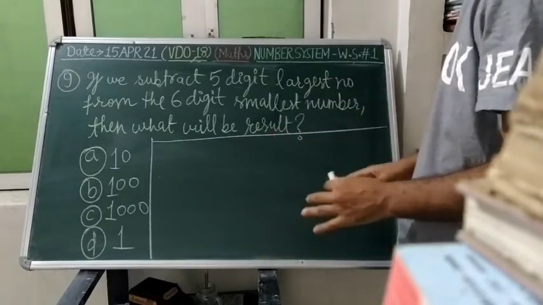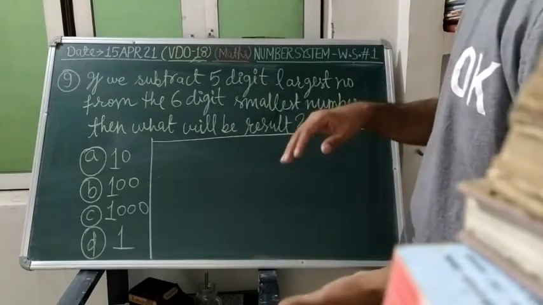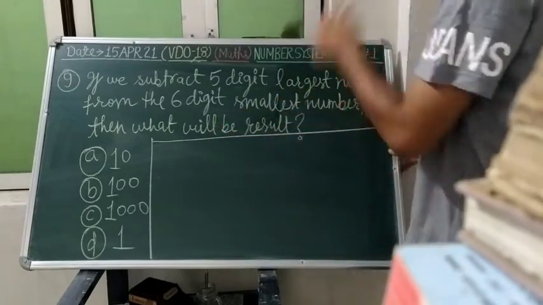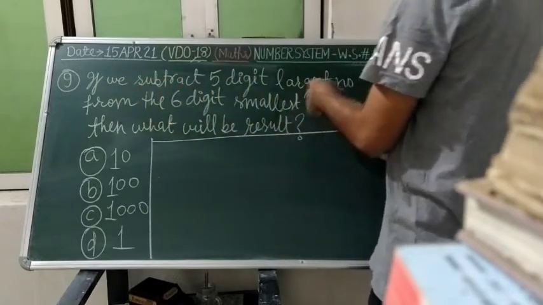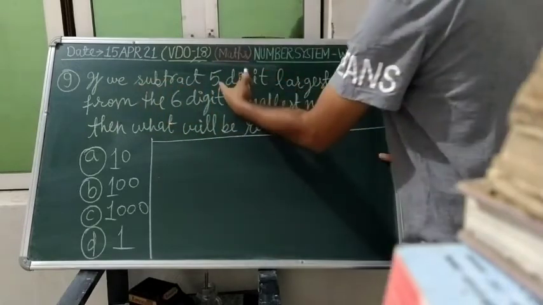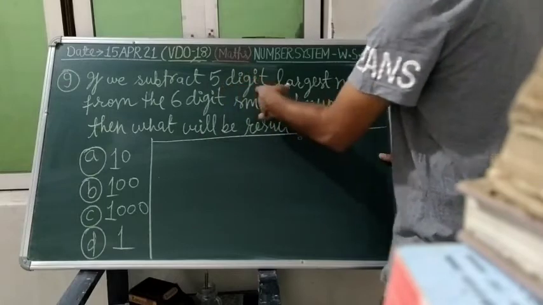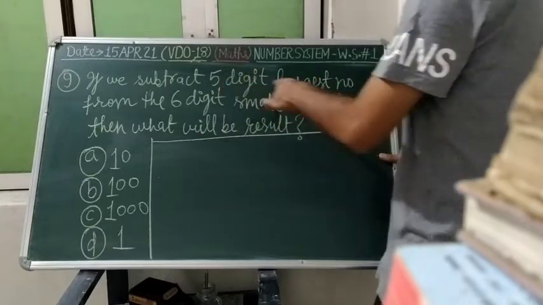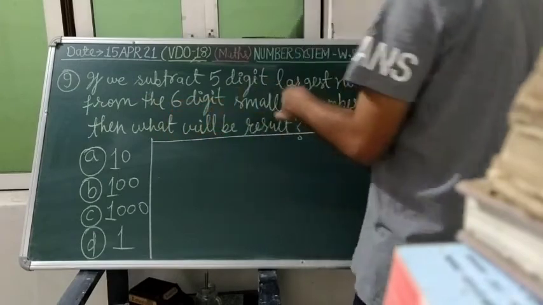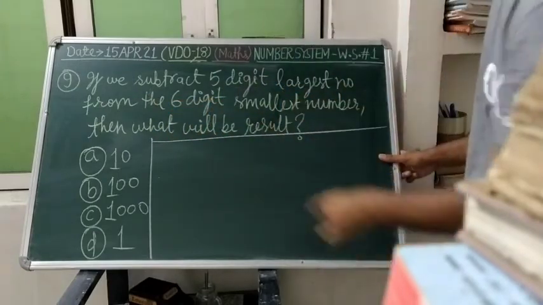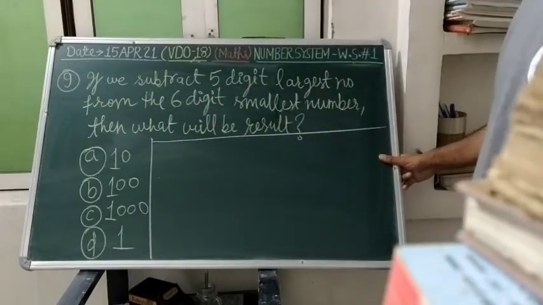We are subtracting the 5 digit largest number from the 6 digit smallest number, then what will be the result?